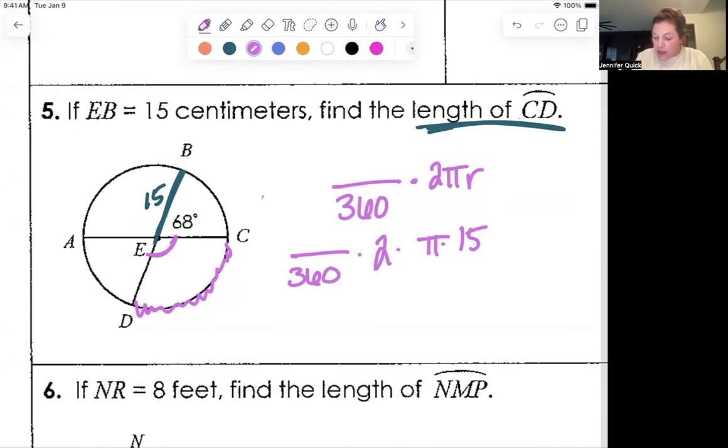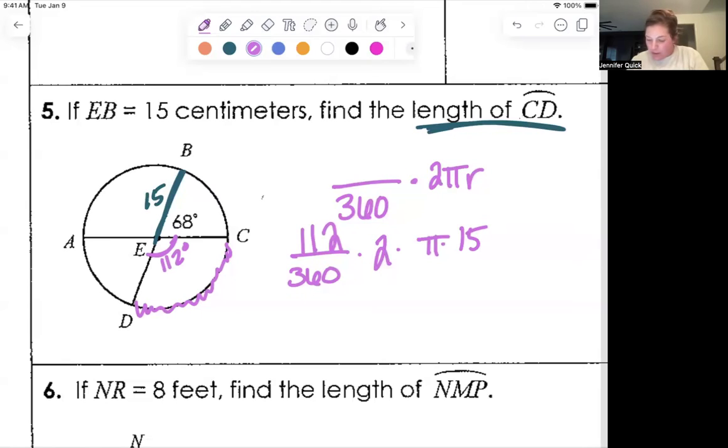We know that this whole thing from B to D is 180. I'm going to subtract the 68 off of it and find 112. So the 112 degrees is the measure of that central angle. So I need the measure of the central angle in order to find the length of the arc. A lot of words.